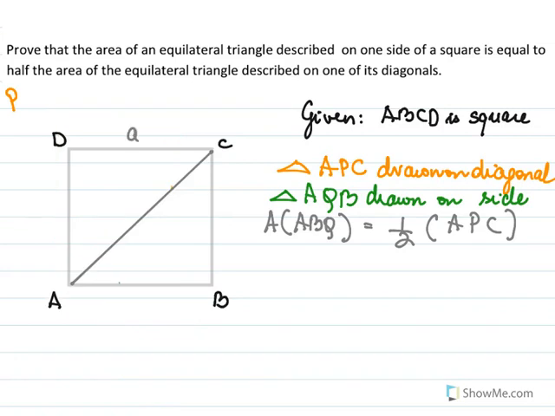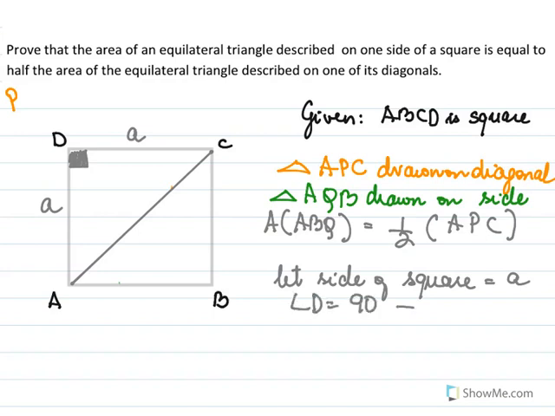So to start with, let the side of the square be equal to A. Here we have 90 degrees, and we'll use Pythagoras theorem to find AC. We know angle D is 90, that is a property of the square.